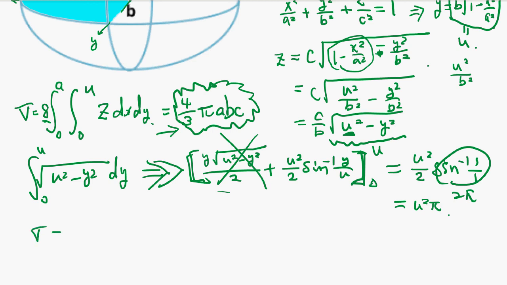So the volume is going to be 8, integral from 0 to a, u squared. We put in the u. Let's see. b squared times 1 minus x squared over a squared, right? Is that right?